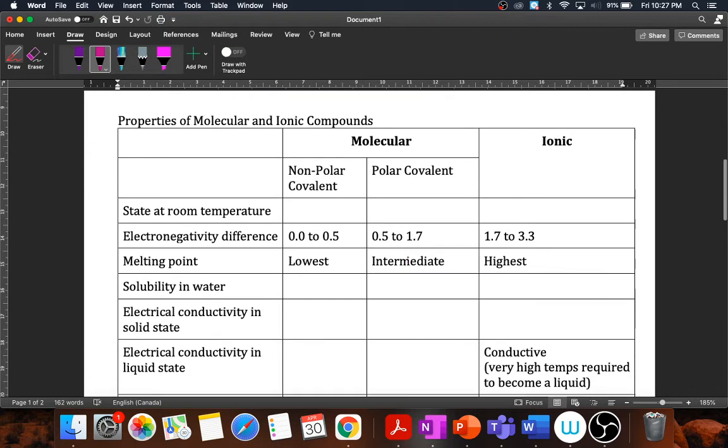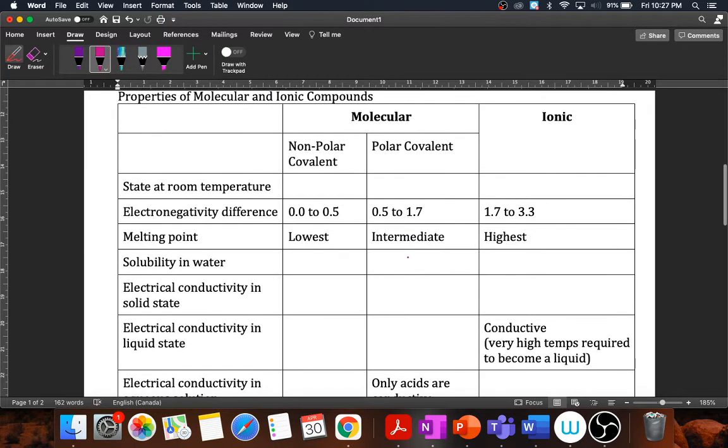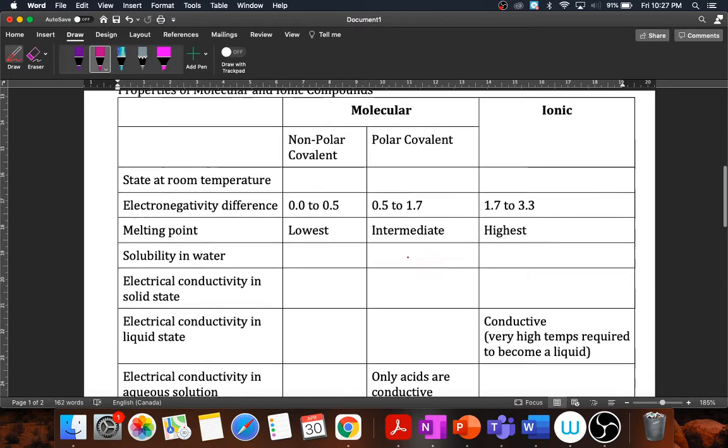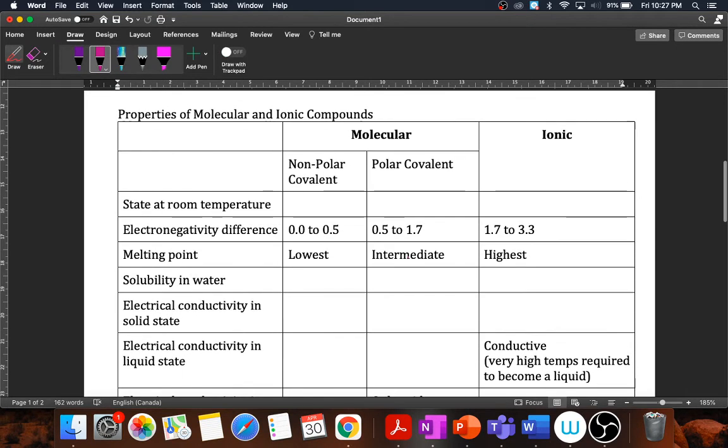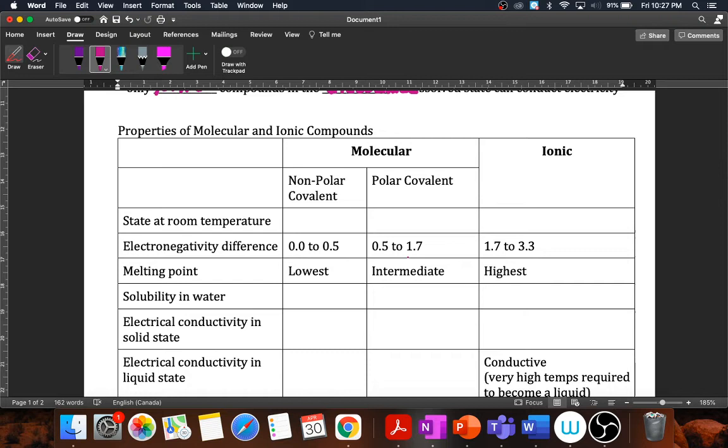All right, so let's summarize all of these properties into this chart. So the state at room temperature. Because ionic compounds have a very, very high melting and boiling point, that means that they are solid at room temperature, right? Room temperature is not a high enough temperature for it to become a liquid or a gas.